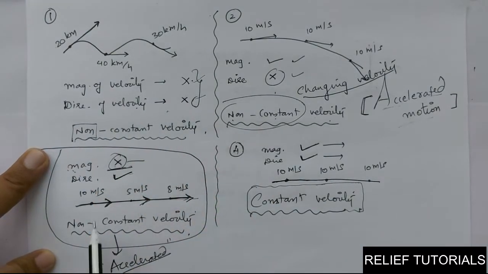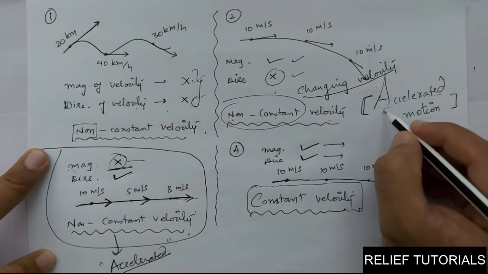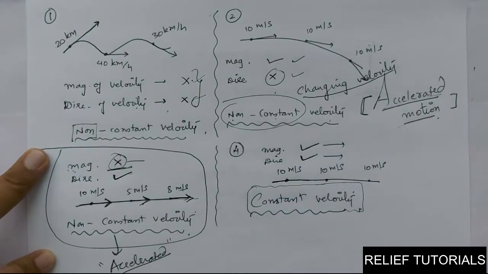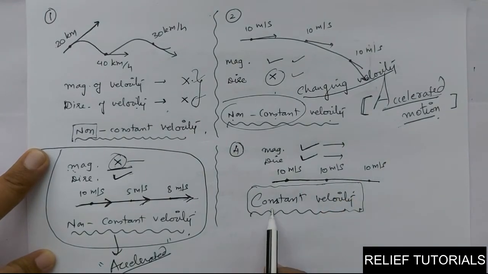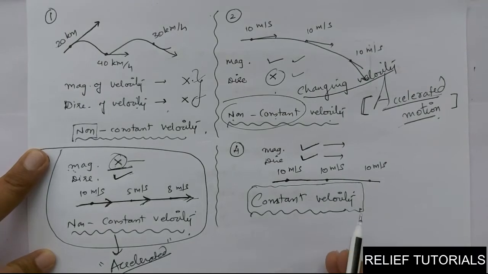So all these three are non-constant velocity, and it is called accelerated motion. The motion in which the particle is not moving with constant velocity is called accelerated motion.